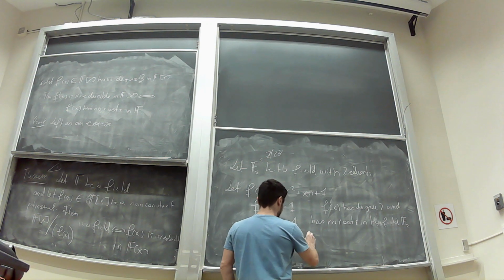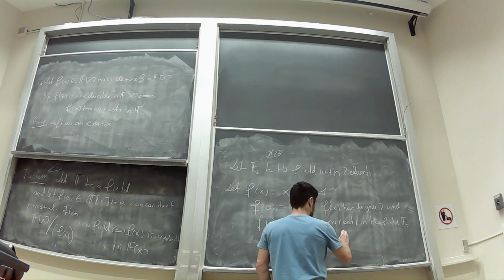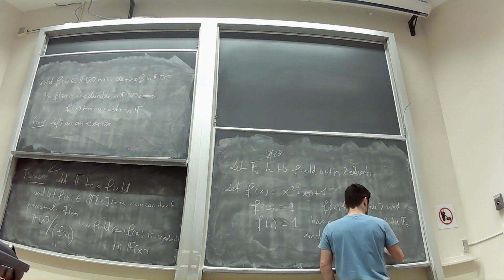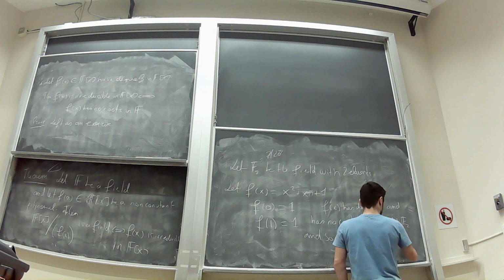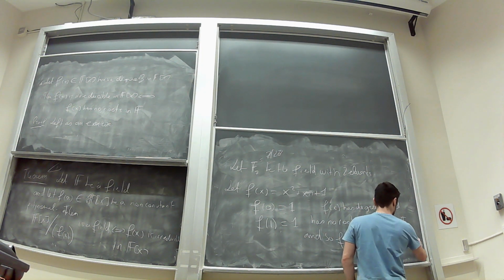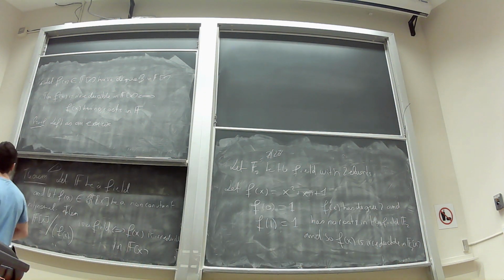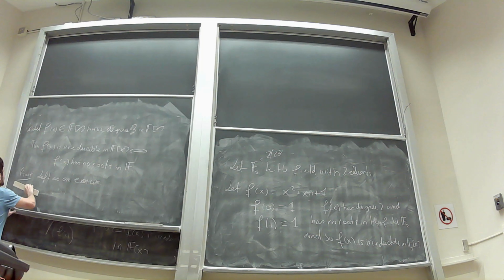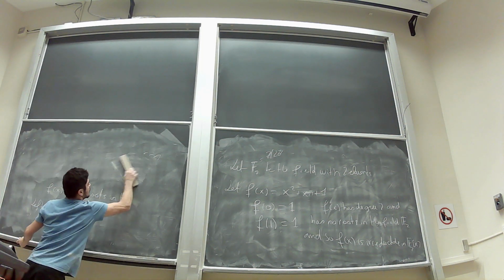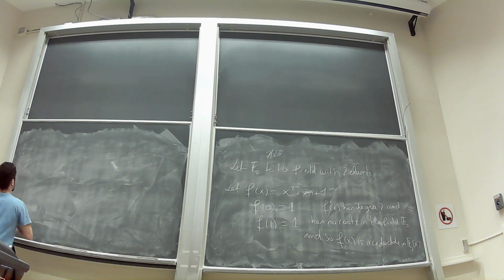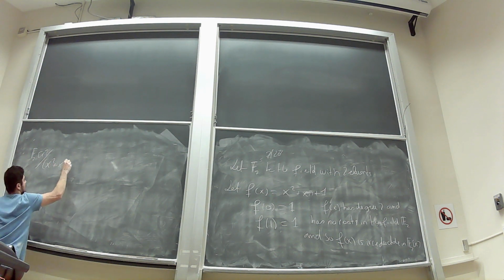And so f of x is irreducible in F2[x]. And so what can I say? F2[x] modulo x squared plus x plus 1 is a field.